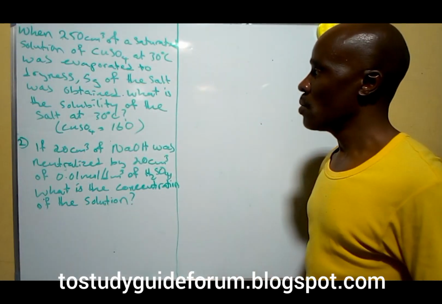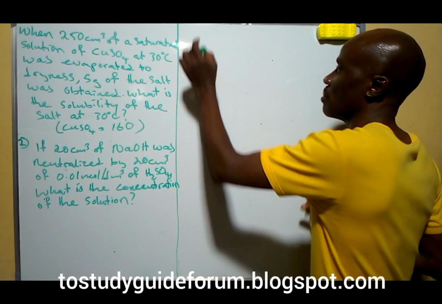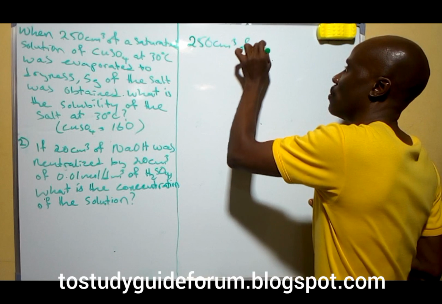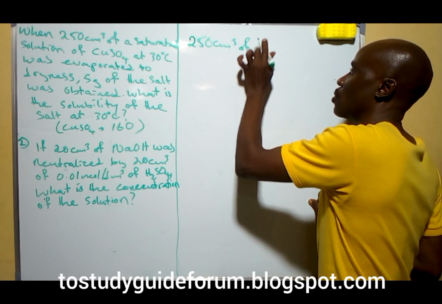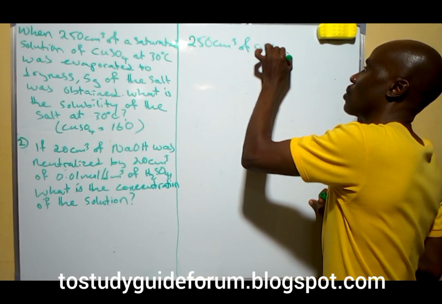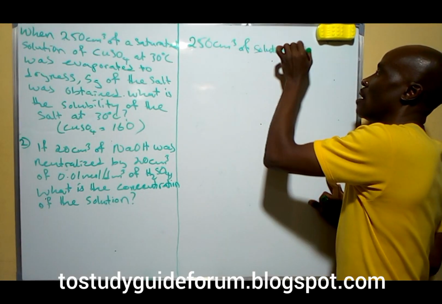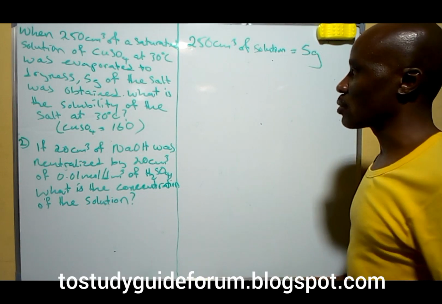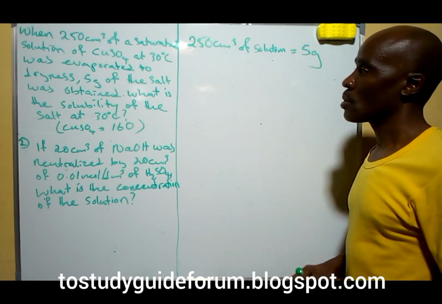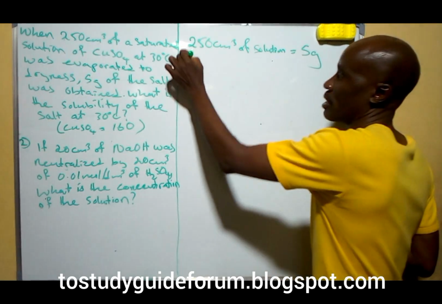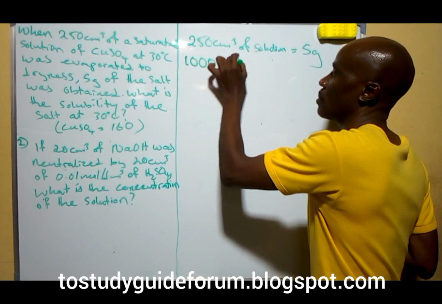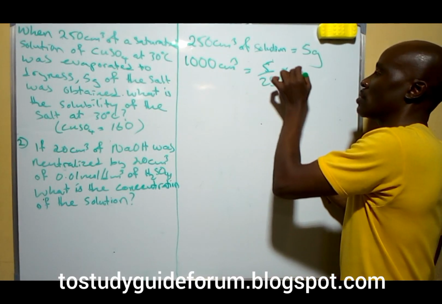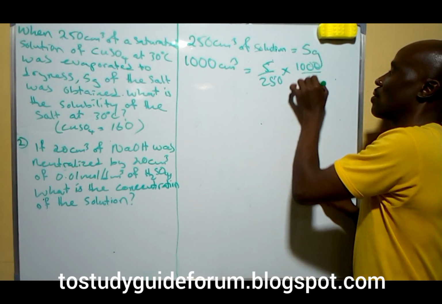If 250 cm³ of the solution contains 5 grams of copper sulfate, what will 1000 cm³ contain? 1000 cm³ will be 5 over 250 times 1000 over 1.